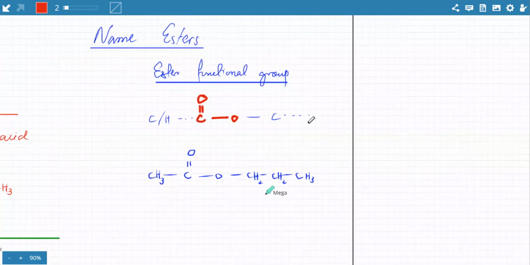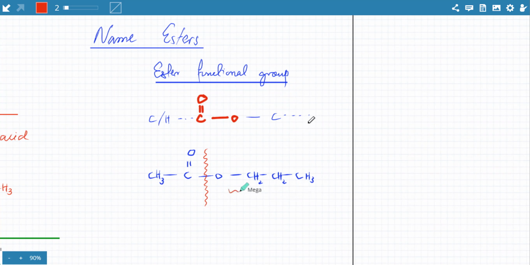Okay, so this is a molecule of an ester. Now, draw an imaginary line right in the middle. Break the ester link into two parts.